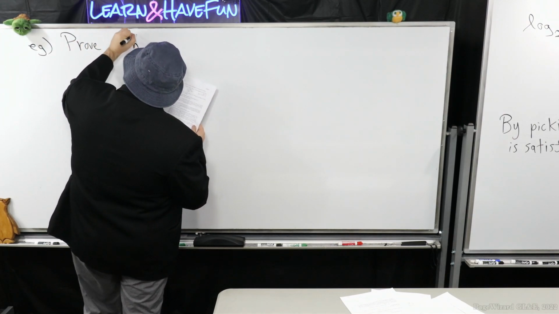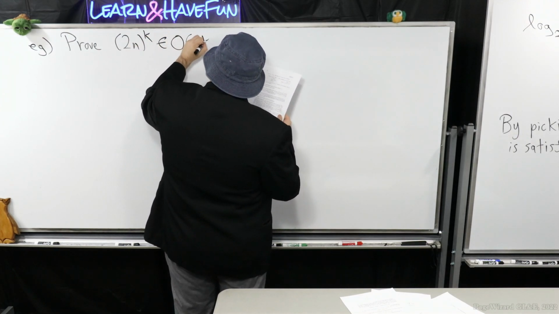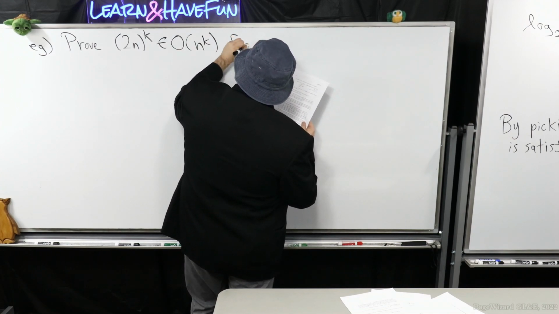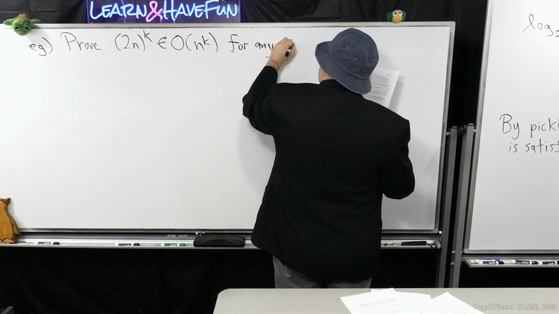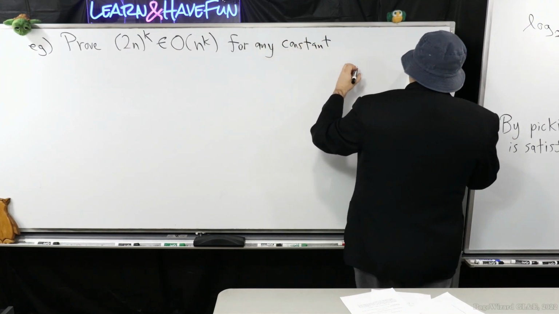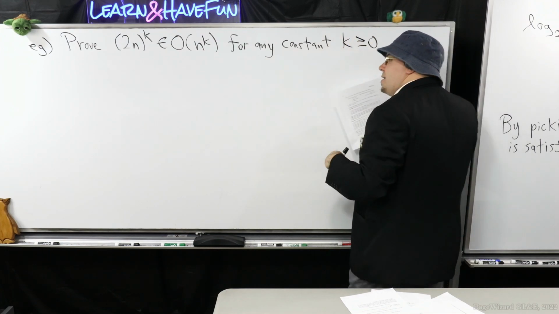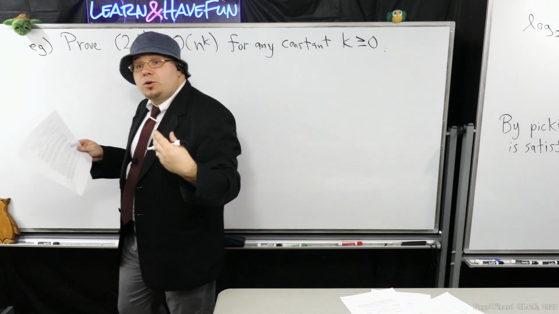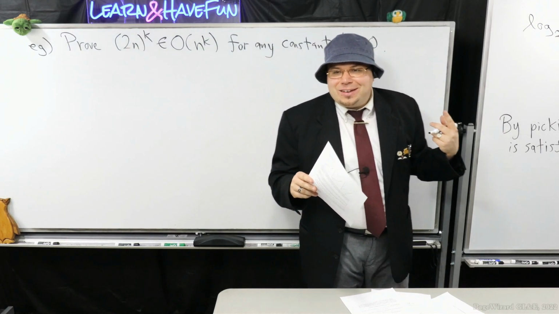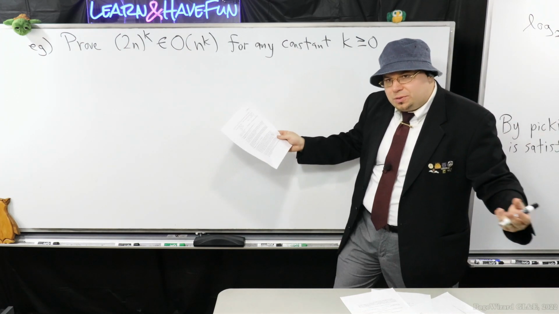Let's prove that 2n to the power of k is big O of n to the power of k for any constant k greater or equal to 0. If we can prove this, and remember, we know that polynomials of this form are asymptotically non-decreasing, this would mean that polynomials of this form are also smooth.